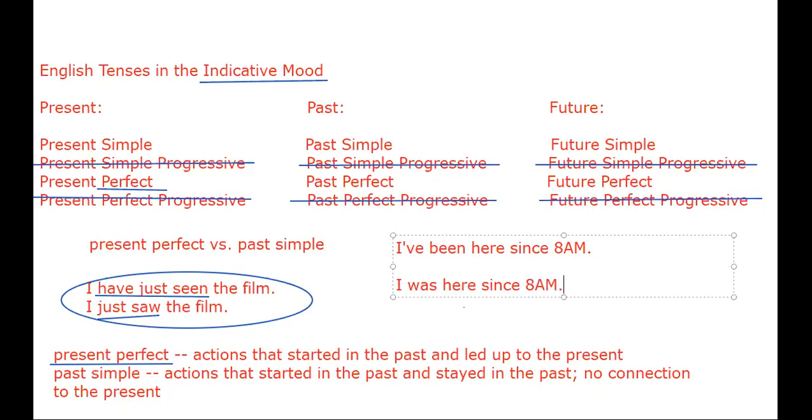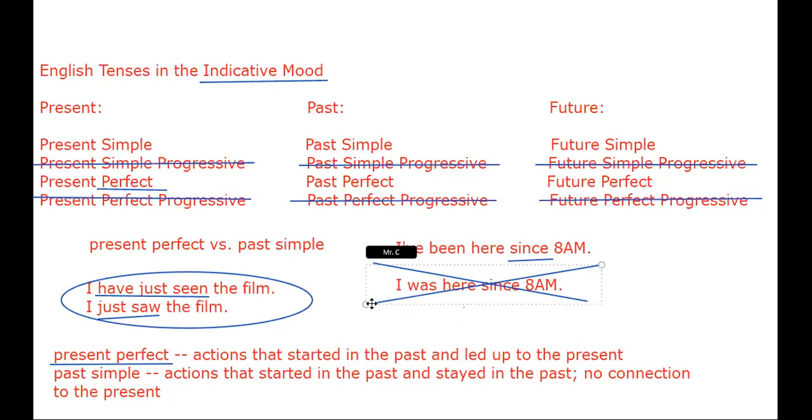See, when we use since here, we're talking about something that started at some point in the past and led up to another point in the timeline. So we often use since for actions that start in the past and lead up to the present, which is why this here doesn't work.